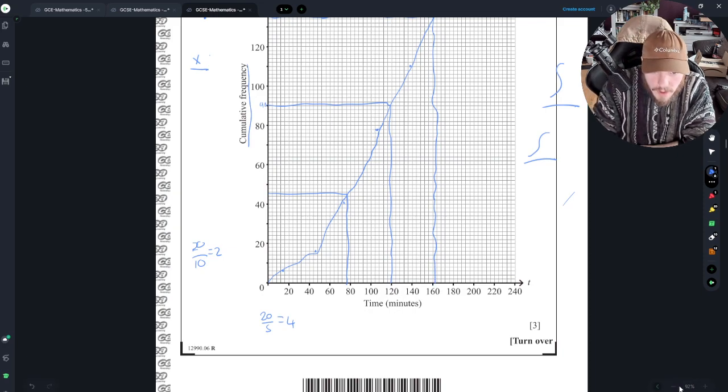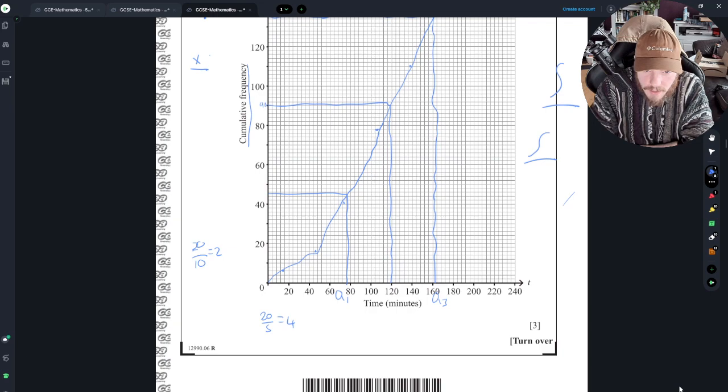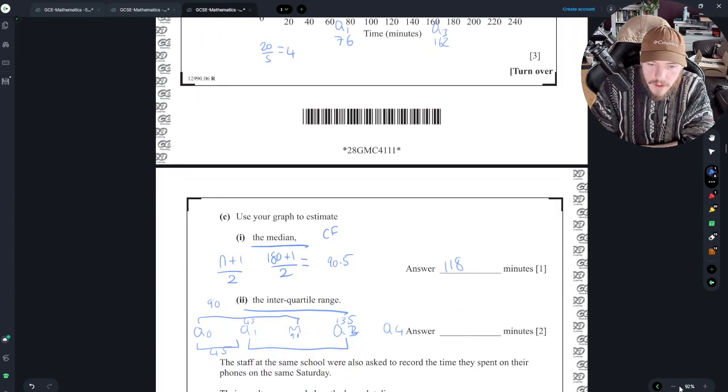So I'm going to just call this our Q1 and our Q3. Our Q1 time would be about 76. And this will be in between 160 and 164, so 162. Now IQR is equal to our Q3 minus Q1.